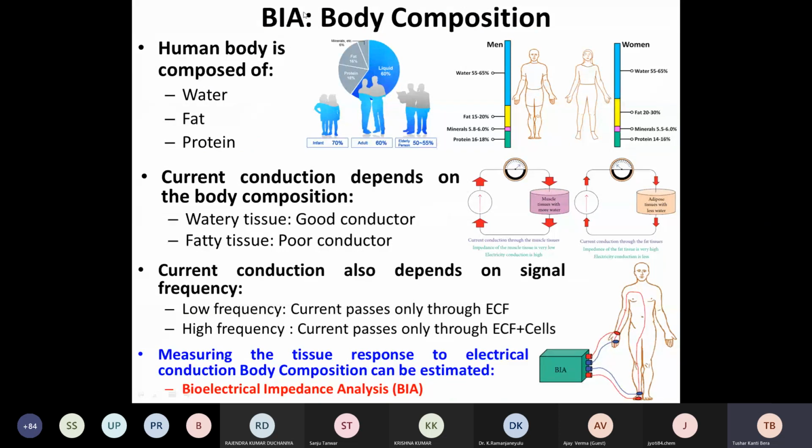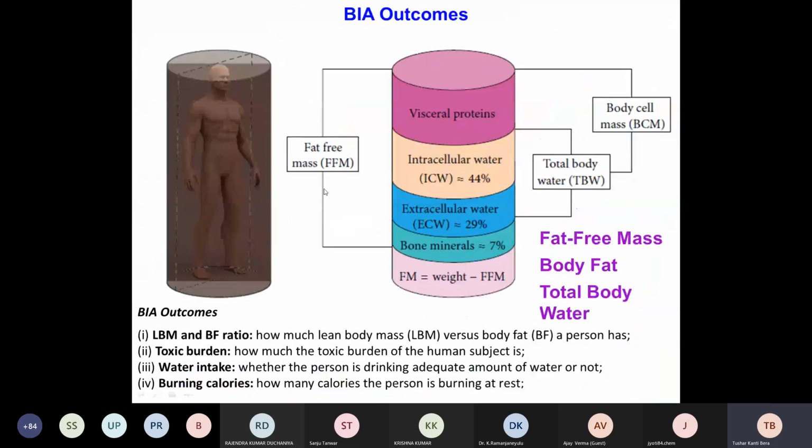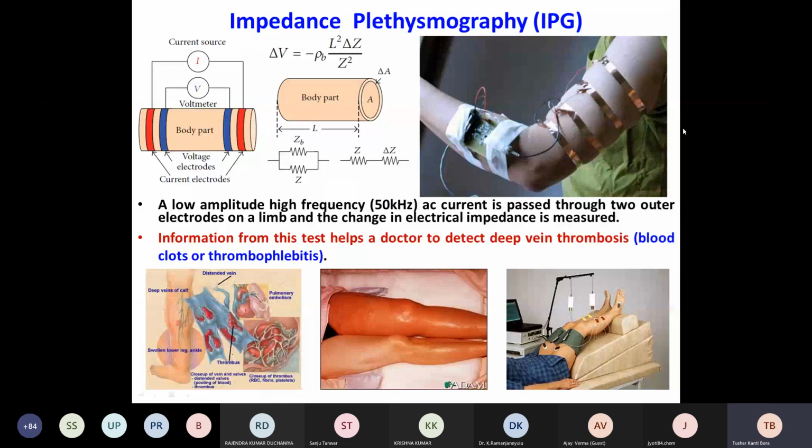Body composition analysis is done by BIA, and there are some known formulas and information by which the BIA can be conducted.